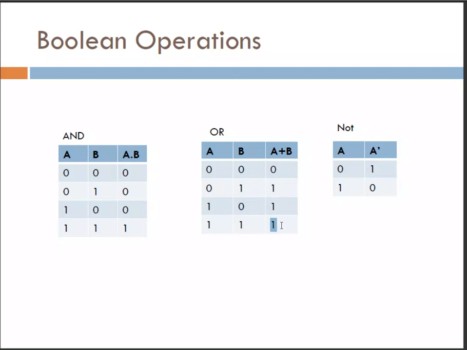As a good computer science student, you know that 1 plus 1 normally is equal to 2; we write 0 and carry 1. But here we are writing 1. For NOT, which means negation, if you have 0, A bar is equal to 1. If you have 1, the negation is equal to 0.